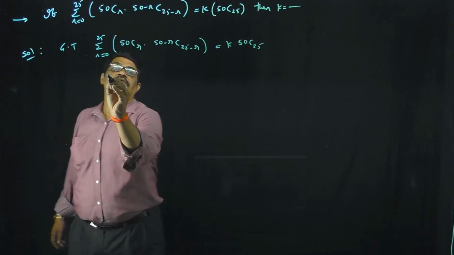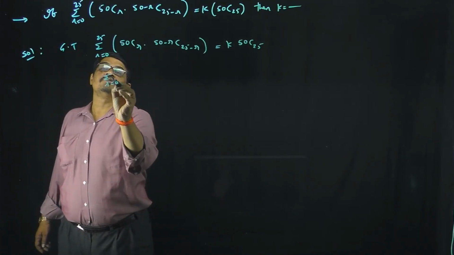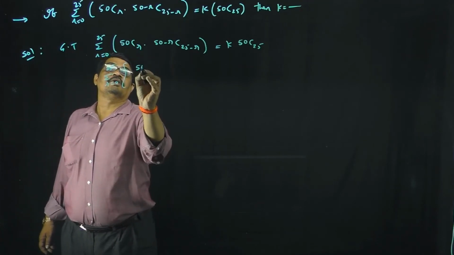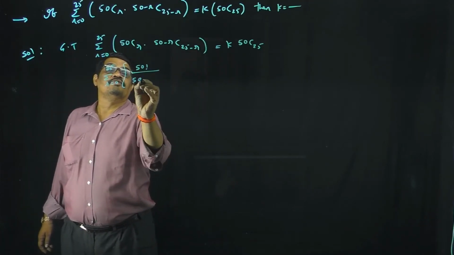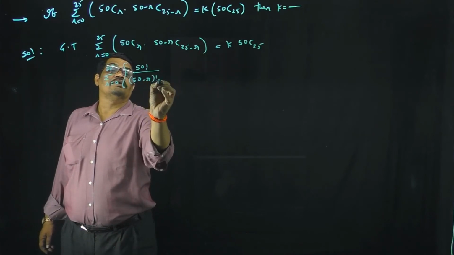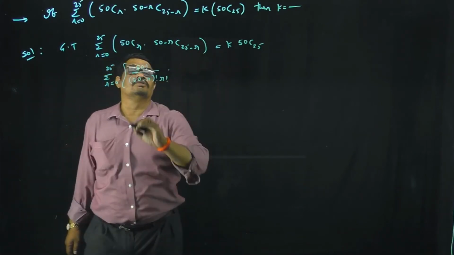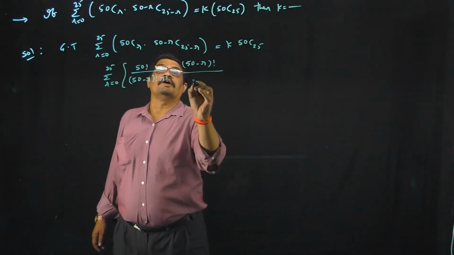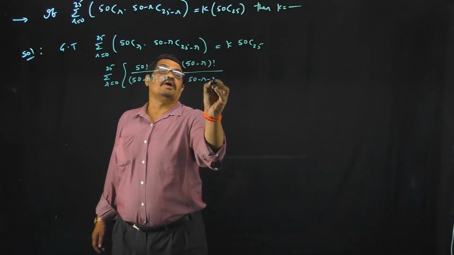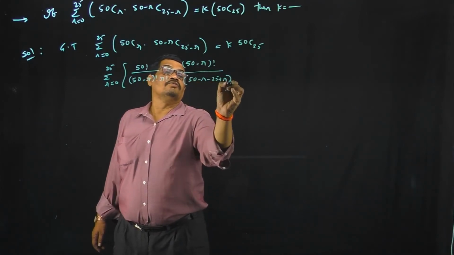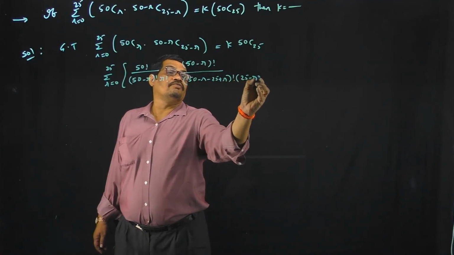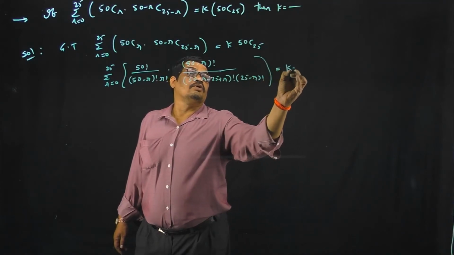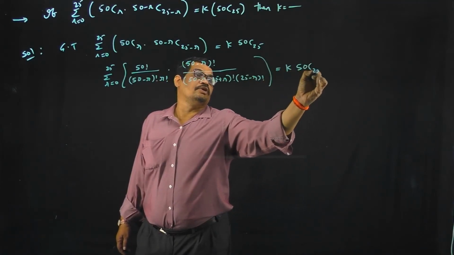Now we write sigma R equals 0 to 25. Here 50 C R can be written as 50 factorial by 50 minus R factorial into R factorial, into 50 minus R factorial by 50 minus R minus 25 plus R factorial into 25 minus R factorial, that is equal to K into 50 C 25.